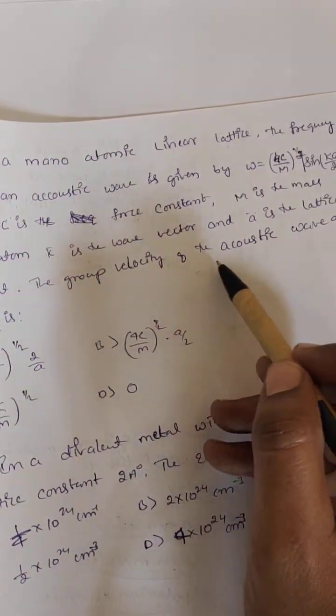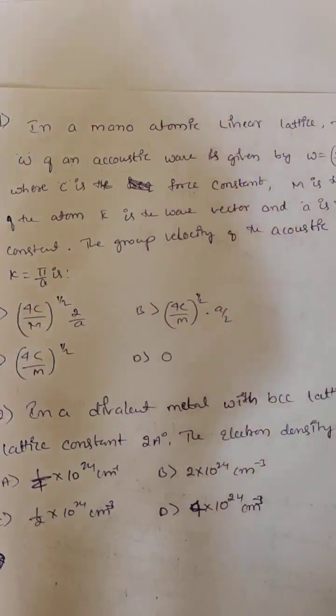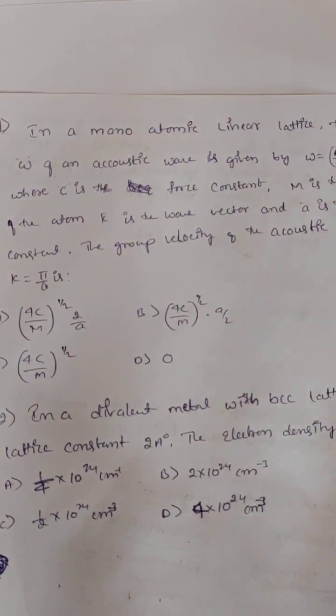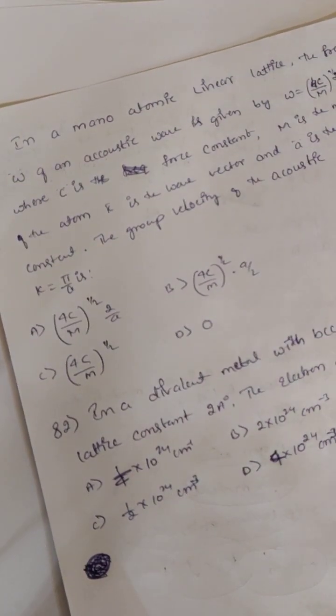Next, the group velocity of the acoustic wave at k equals pi by a. So we should remember the group velocity expression.